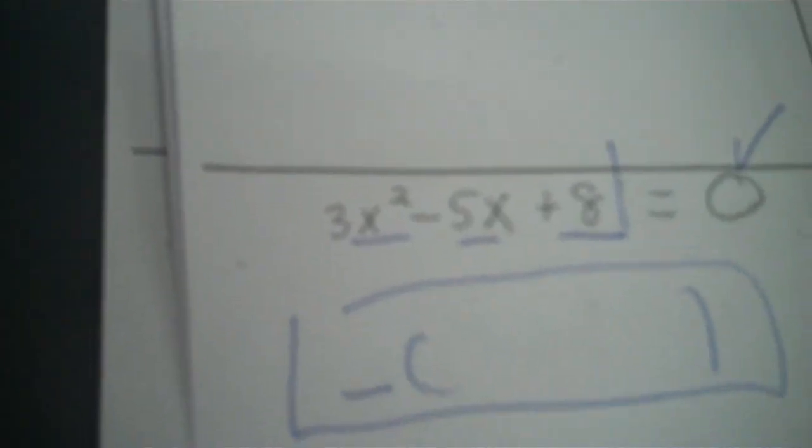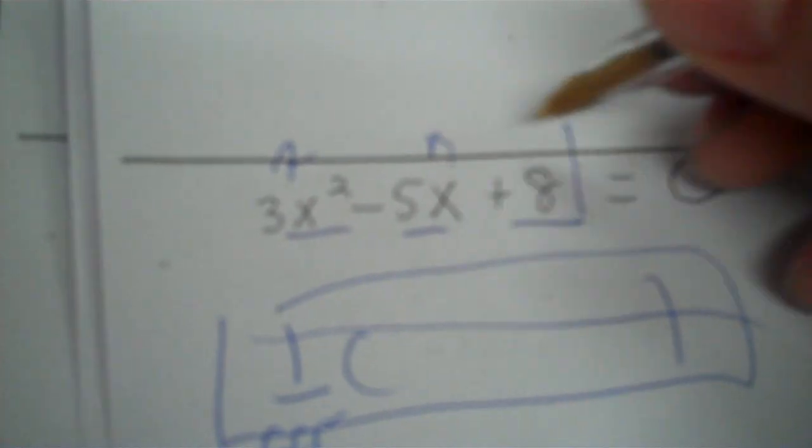No x, no negative, 3, 5, and 8's 1. 3 times 8 is 24, it's positive, so it's a match. You can put double negative or double positive, it doesn't really matter because you're not going to find it.